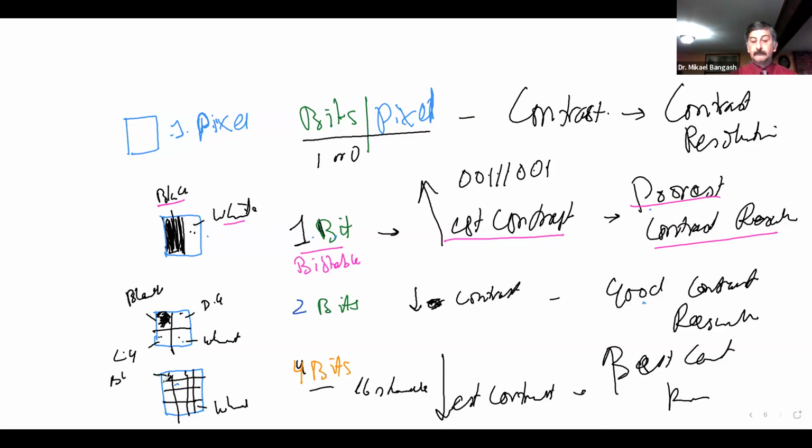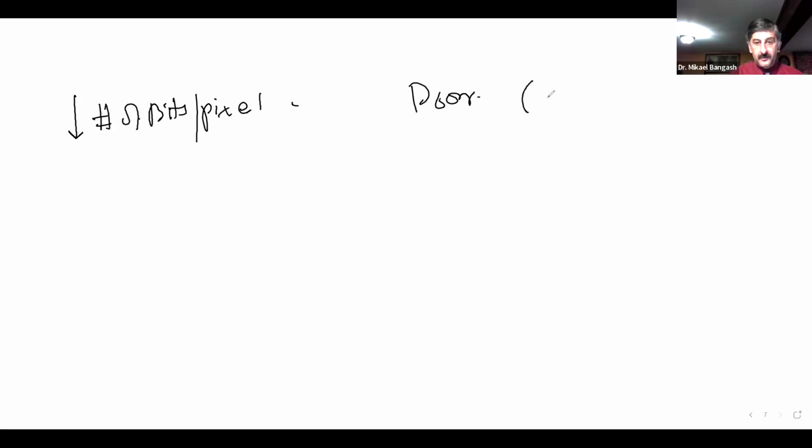Did you guys get that? So what we can say straight ahead is a low number of bits per pixel is going to give us a poor contrast resolution.